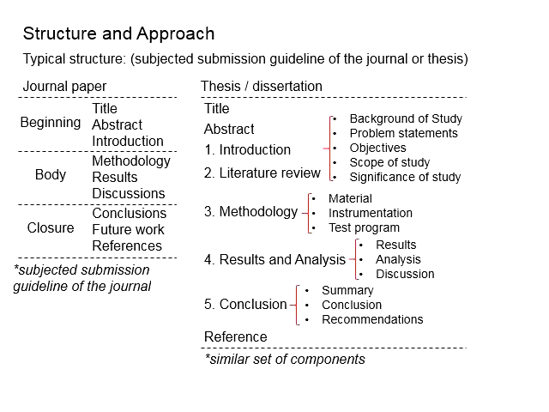Now that we have covered the typical structures of journal papers, theses and dissertations, we have discussed quite in detail regarding the components of each section and how each section is constructed.